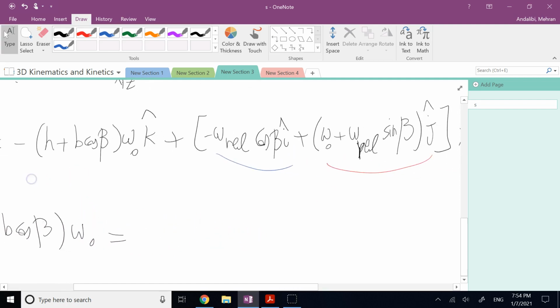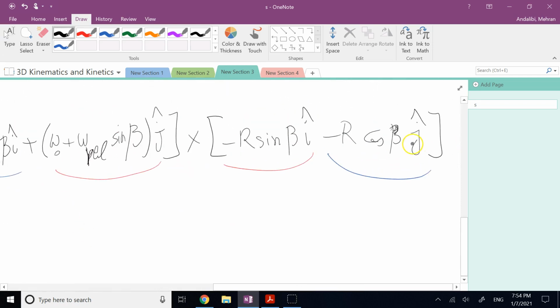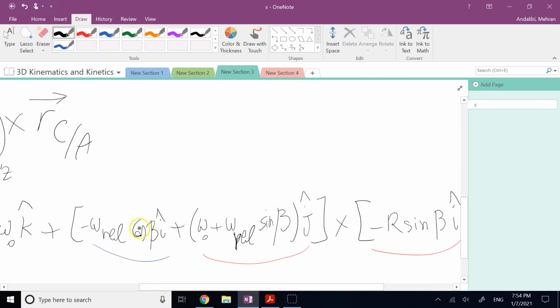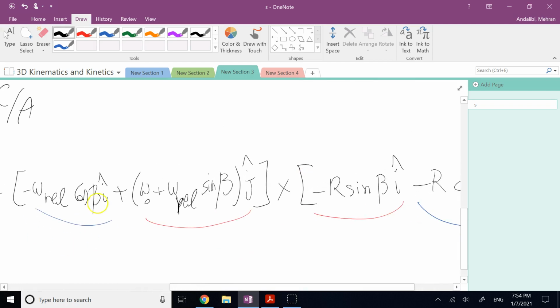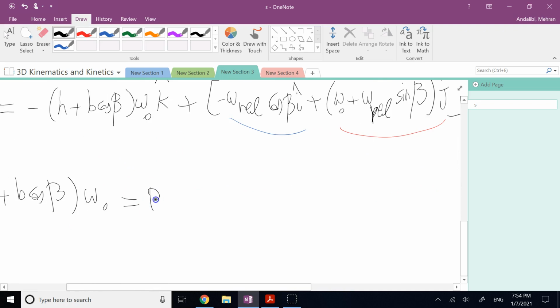Now on this side, what do I have? I have I cross j, so it's going to be k, but this is a negative and this is a negative, so it's still k. So the magnitude is going to be r cosine beta times omega relative cosine beta. So this is going to be r cosine squared beta times omega relative.